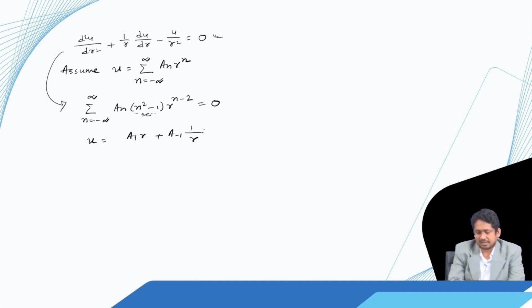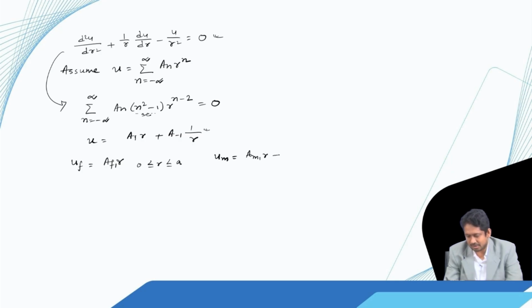That means u has an infinite value at the center of the fiber. So, to avoid that possibility, we have to drop this term for the fiber. So, for the fiber domain, we can say that u_f is just A_f1 multiplied by r.